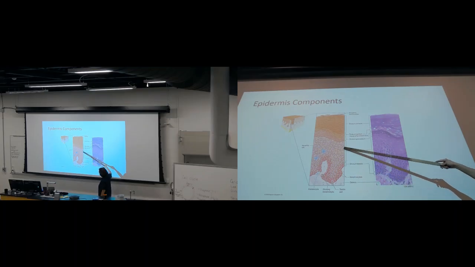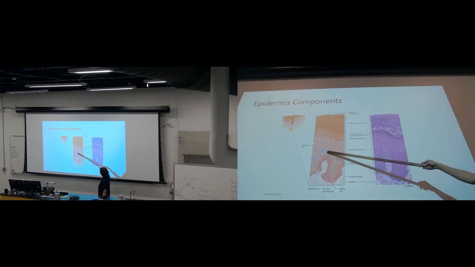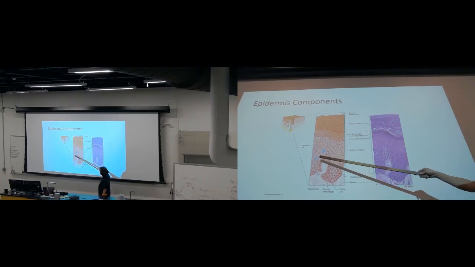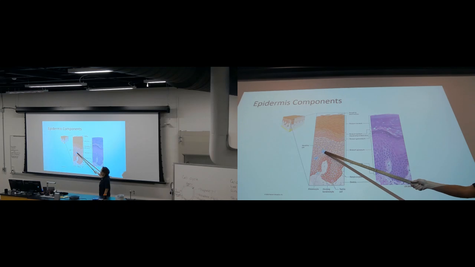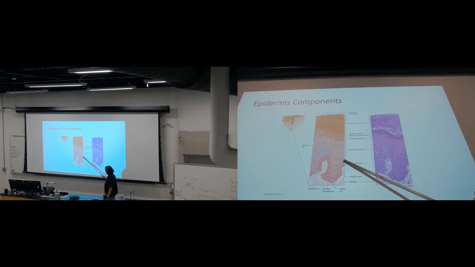So here in this stratum spinosum, we also have these cells that are called dendritic that allow us to trap foreign antigens and start an immune system reaction. And then here in this stratum basale, where we have these stem cells that makes these keratinocytes, we also have some receptors that are called the tactile cells that are connected into a nerve cell.